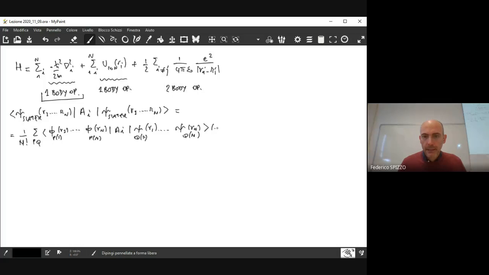Sorry, I forgot the sign of permutation P and the sign of permutation Q. If the coordinate of the electron is not I, then what we have is just the scalar product between two electronic wave functions.